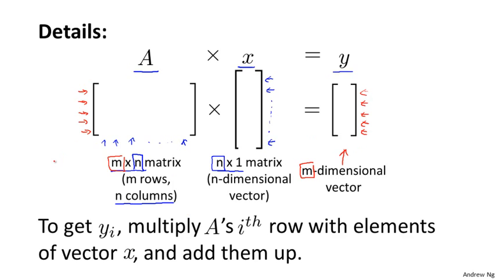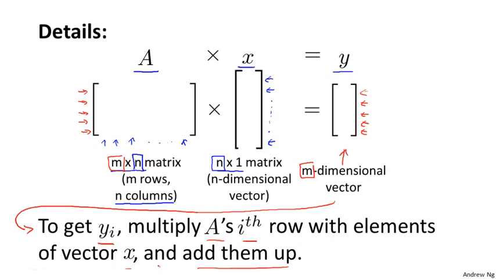So how do you actually compute this vector y? To get y_i, multiply A's ith row with the elements of the vector x and add them up. So here's what I mean. In order to get the first element of y, whatever that turns out to be, we take the first row of the matrix A and multiply them one at a time with the elements of this vector x.